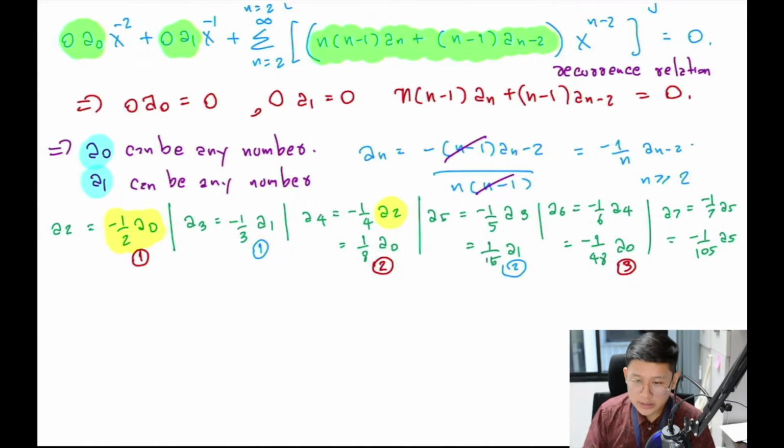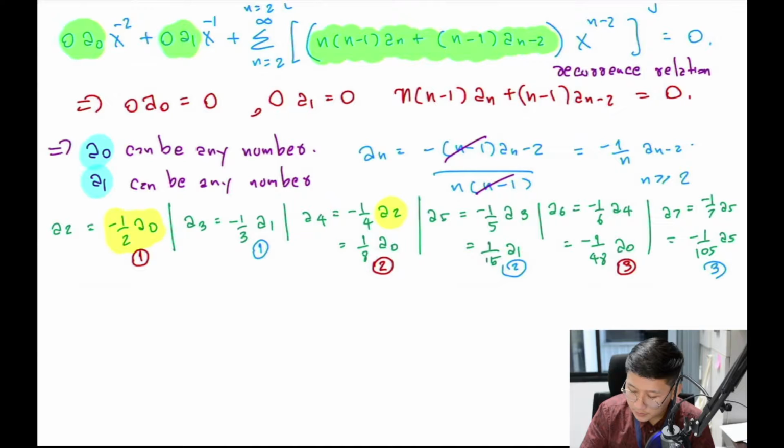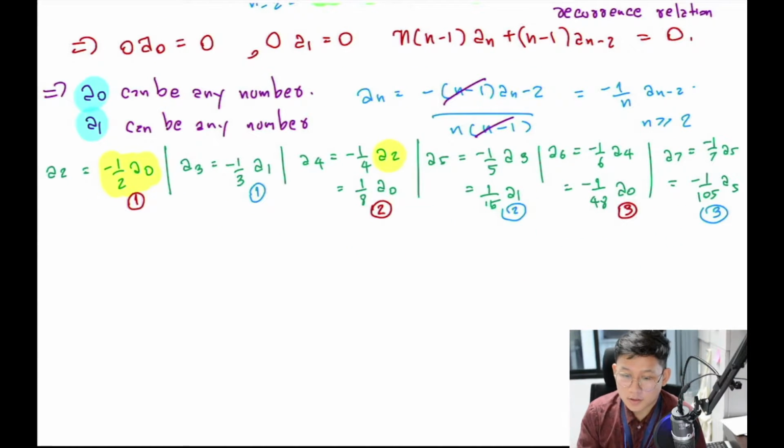But you need to find at least 3 more terms in terms of a0 and 3 more terms in terms of a1. So this is the third term. Guys, here is a1, not a5. Sorry, it's a typo. It's a1. So right now we have a2, a3, a4, a5, a6, a7, right?